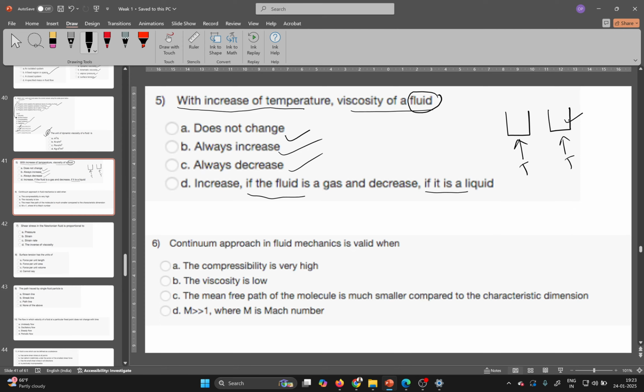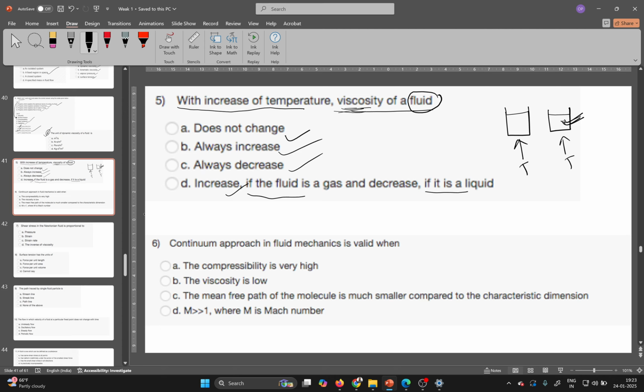The random motion will increase in both. In the case of gas, due to the increased random motion, the viscosity of the gas will increase, always remember. But in the case of liquid the viscosity will decrease. Viscosity will decrease in the liquid phase, always remember.